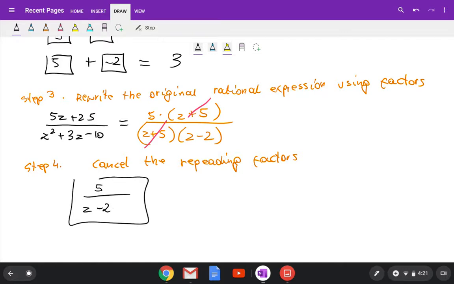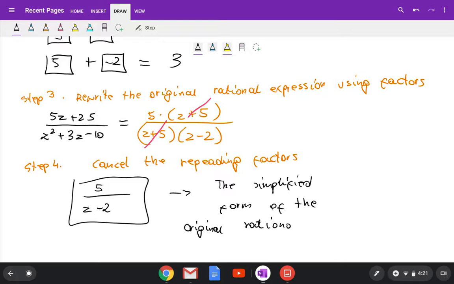So this is the simplified form of the original rational expression.